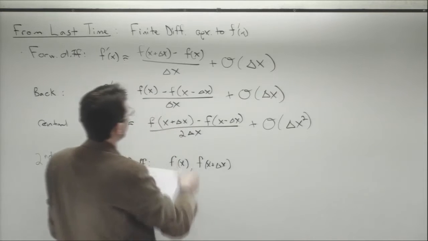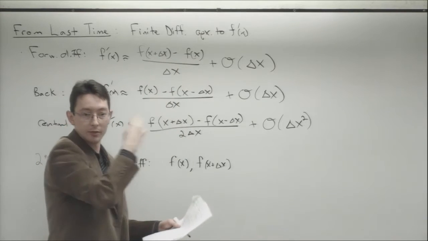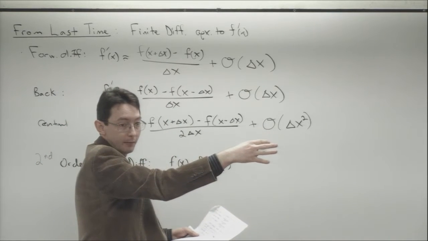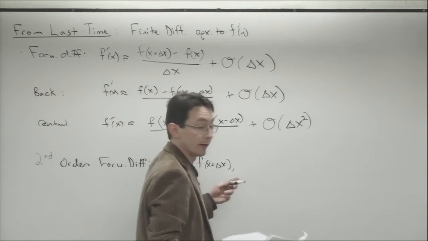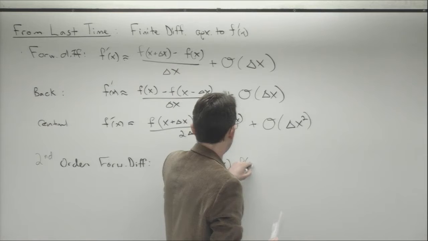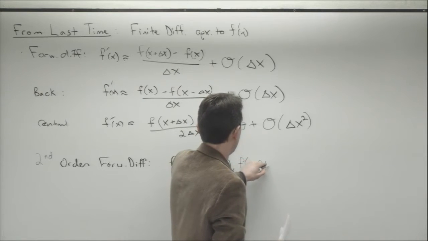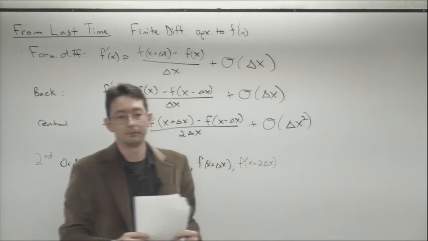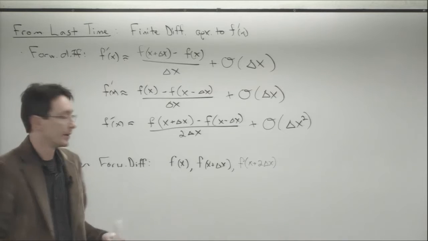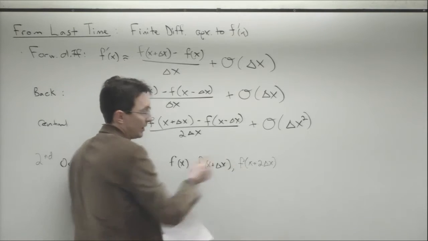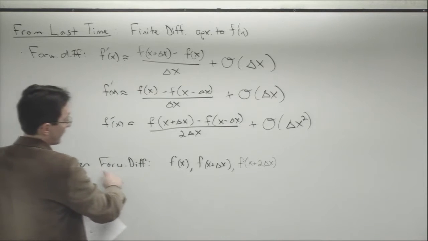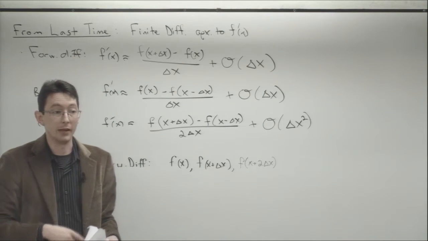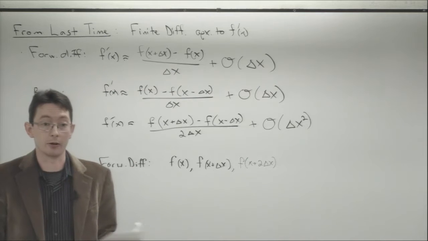But remember, I'm plugging in the Taylor series for these expressions, and I'm trying to cancel as many terms as I can. And to cancel more and more terms, I need additional data points. I also need f of x plus 2 delta x. Okay? So if I give you these 3 data points, you should be able to cook up a second order accurate forward difference scheme, and you should be able to show why it's second order accurate.